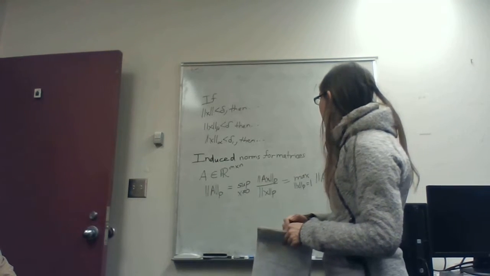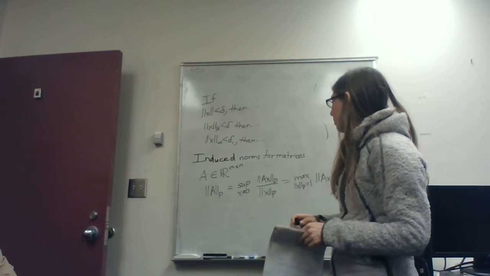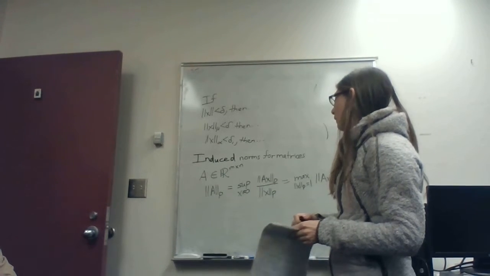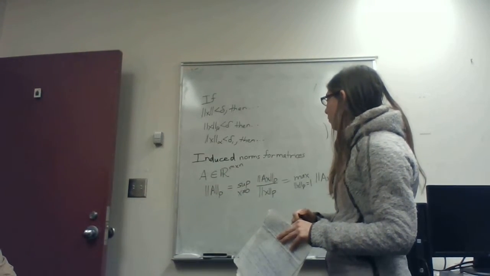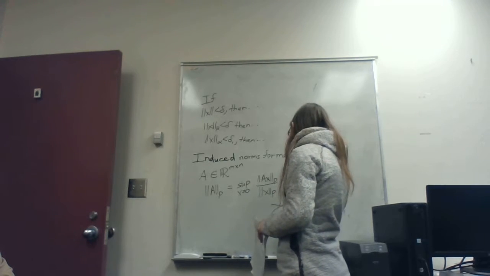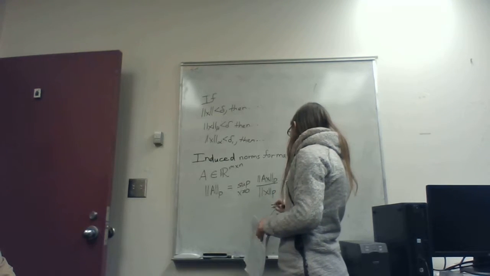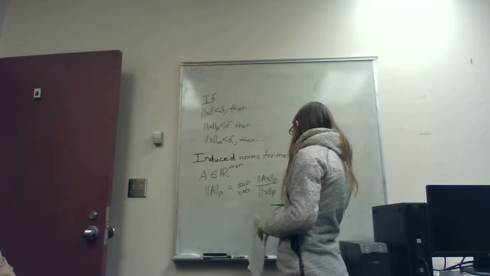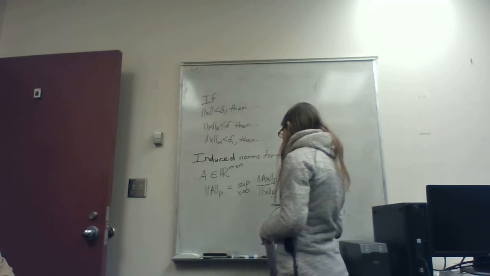It's like a greatest upper bound. So maybe you never hit that number, for example. Maybe it's very asymptotic. And so you would say the supremum is whatever number is on this line, even though your function is not really there.